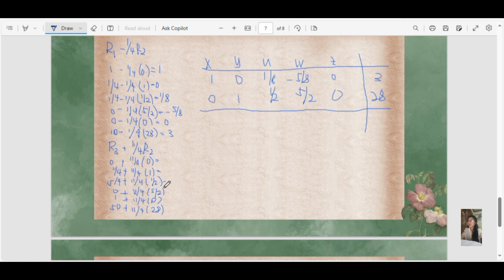Calculator. Equal sign. Let's get the answer: 0, 21 over 8, and here 55 over 8, then here 1 and 127.